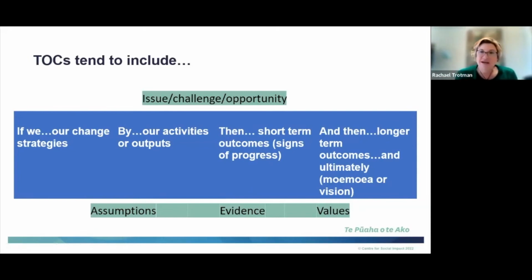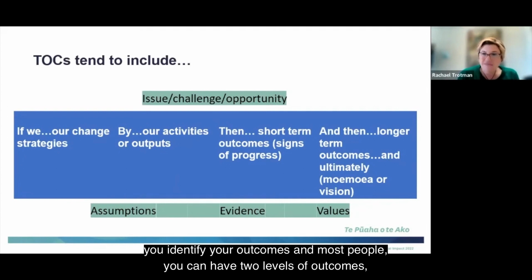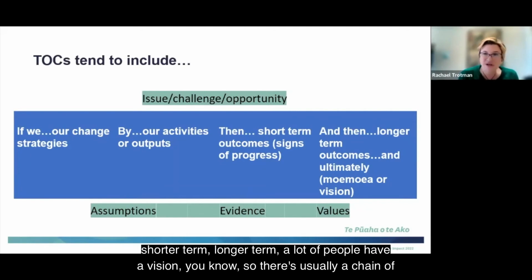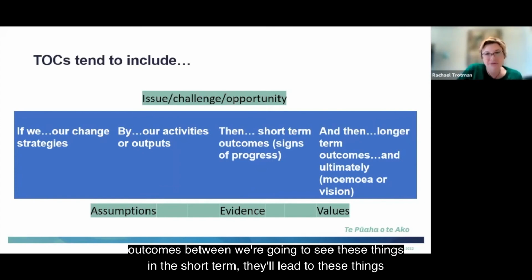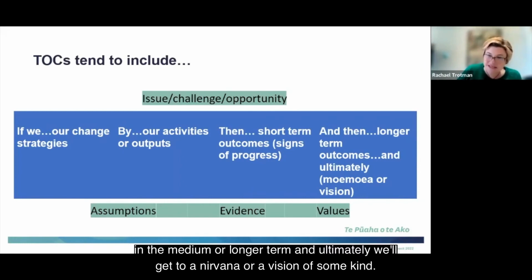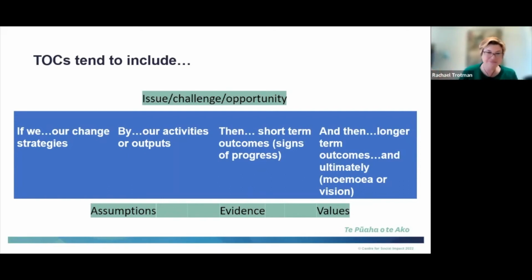So you identify your outcomes, and you can have 2 levels of outcomes, shorter term, longer term. A lot of people have a vision, so there's usually a chain of outcomes between we're going to see these things in the short term, they'll lead to these things in the medium or longer term, and ultimately we'll get to a nirvana or a vision of some kind.